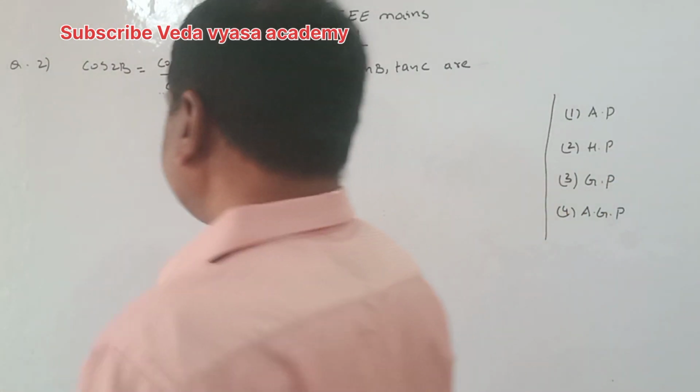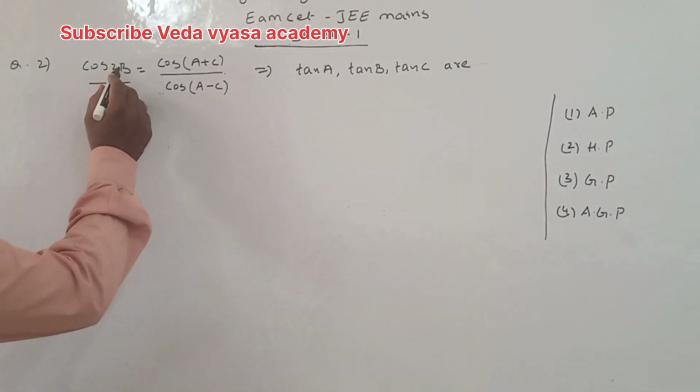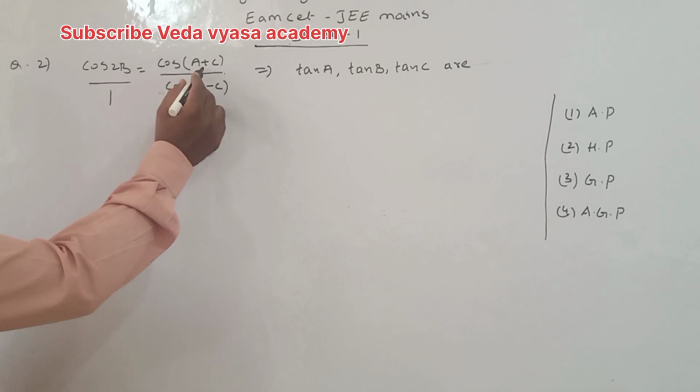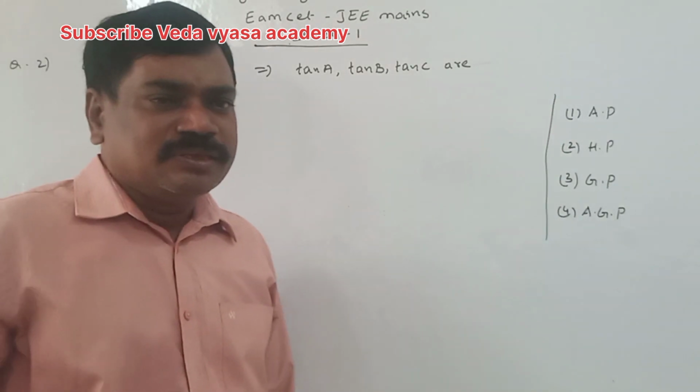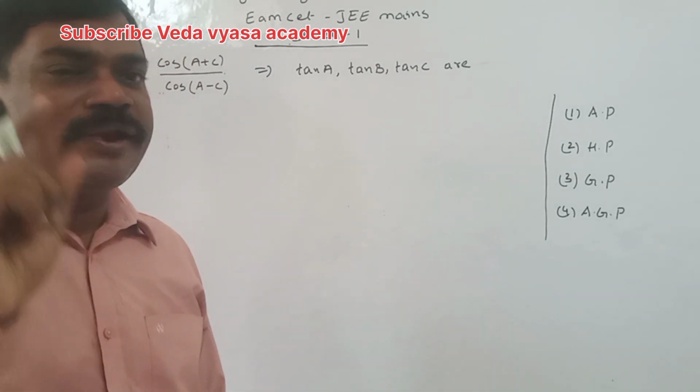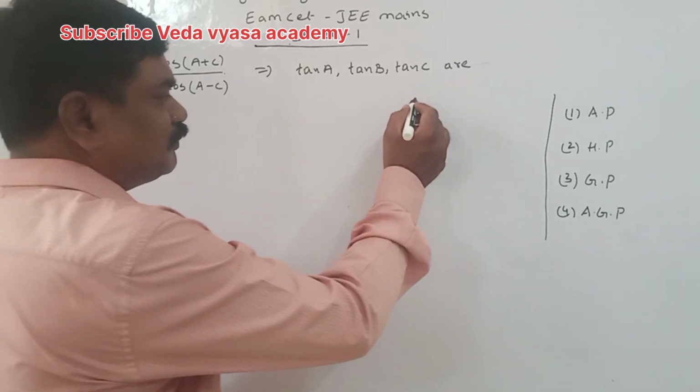So for this problem, cos 2B by 1 is equal to cos of (A+C) by cos of (A-C). Here we use the componendo dividendo formula. What is componendo dividendo?